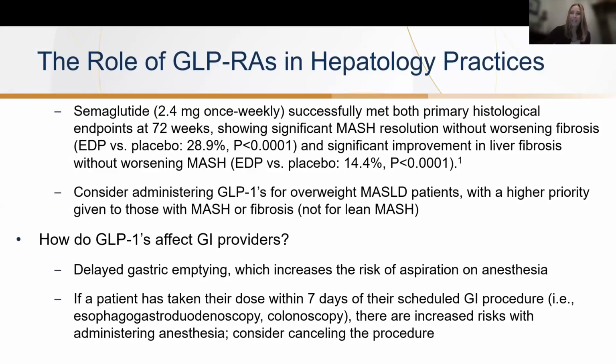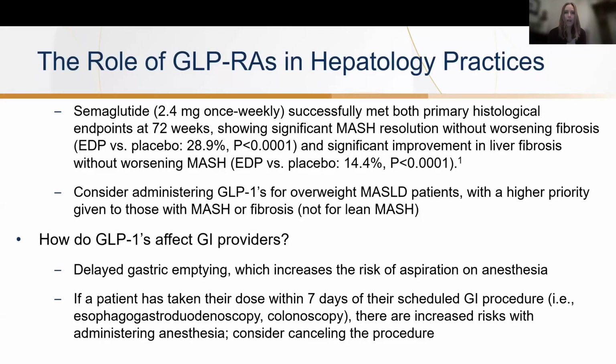So what is the role of these in hepatology and gastroenterology? Up until now, and most of the time, we still see that endocrinologists are the ones prescribing these medications, but I predict that that will change over time. There was a study done by Newsome.